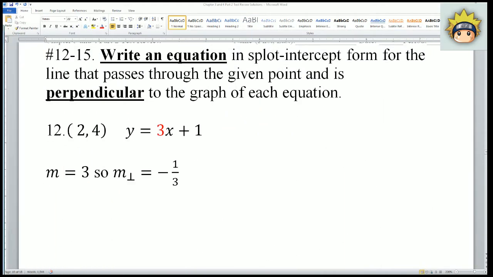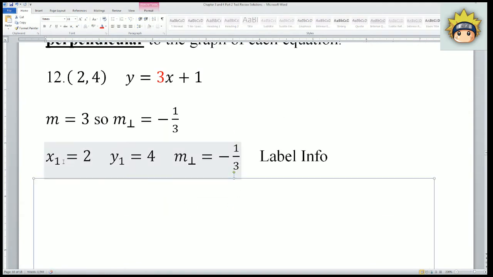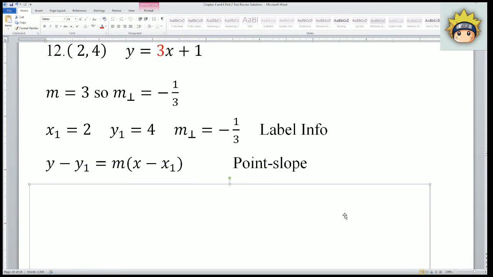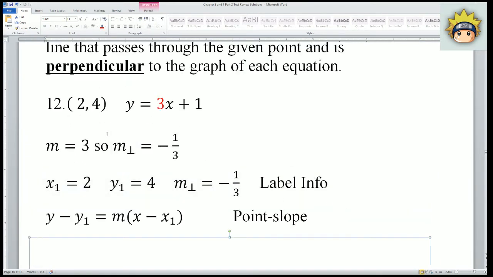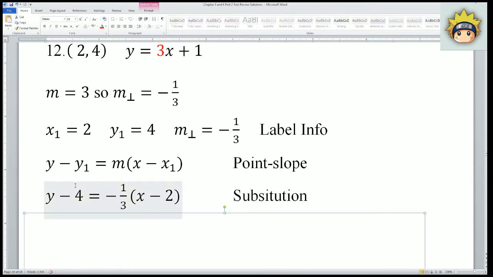Good? Alright. So here again, x1 equals 2, y1 equals 4. M perpendicular is negative 1 over 3. Point slope is the only equation I am going to use because I have a point, (2, 4), and a slope, which is negative 1 over 3. Make that substitution.